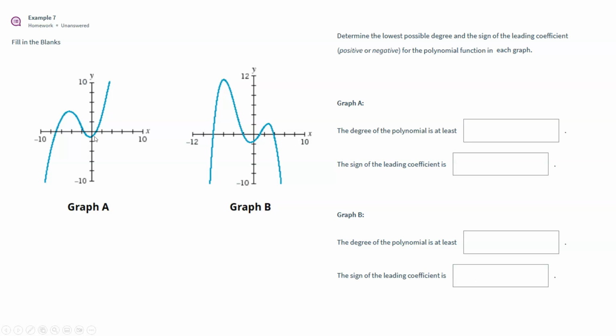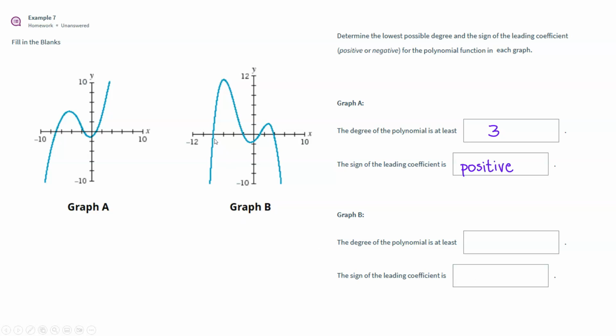So the degree of the polynomial has to be at least 3. The leading coefficient, since it starts from the lower end and goes to the higher end, and this is an odd degree polynomial, that means that would indicate a positive leading coefficient. So this is going to be at least 3 and have a positive leading coefficient.